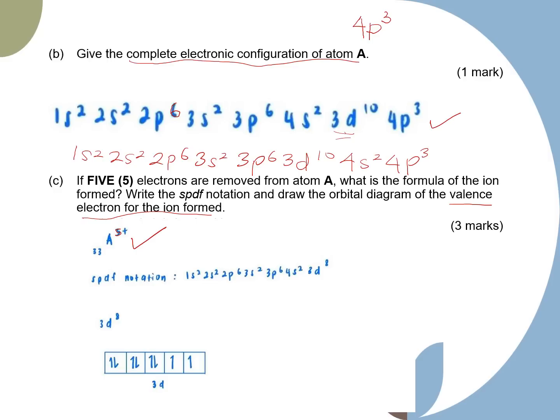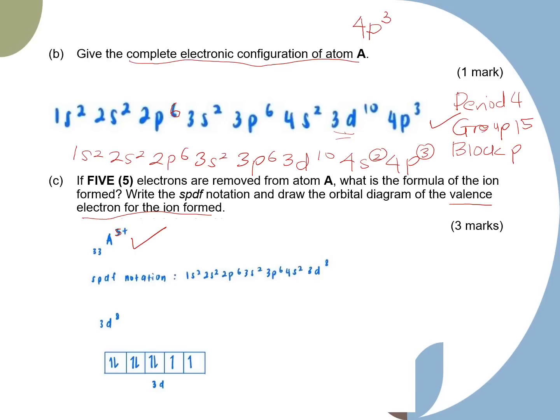This is actually an element from period 4, and from group, what group? 2 plus 3, group 15. Why group 15? Because it is from block P, so for the group number of block P we add 10 to the valence electrons.